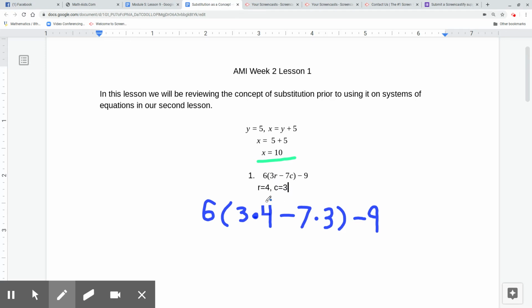So I'm going to go ahead and do 3 times 4, which gives me 12. And 7 times 3 will give me 21. And I'm going to subtract those.